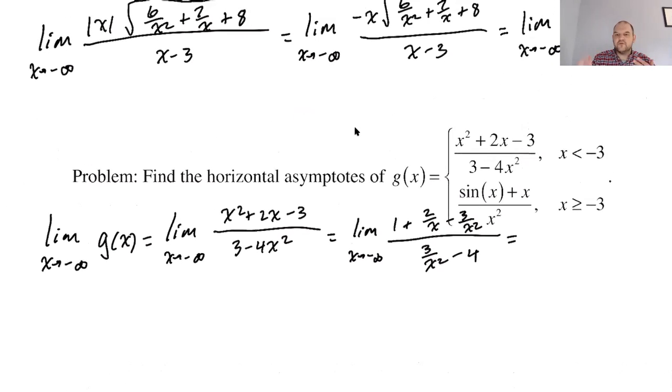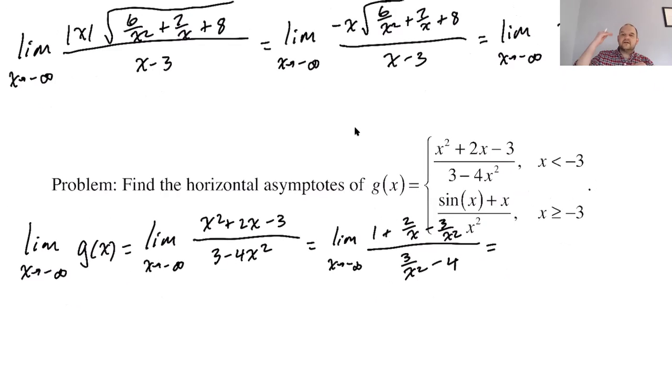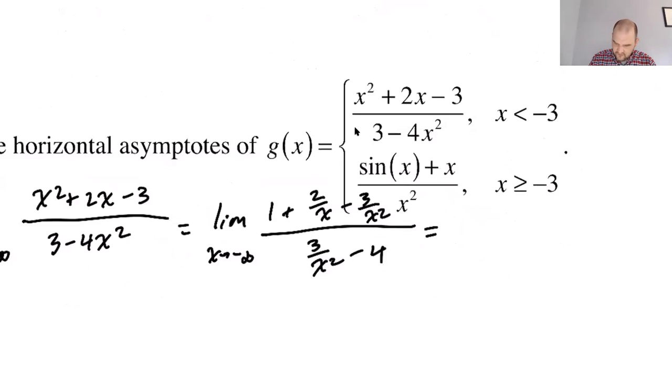Part of the reason we do that is that a constant divided by x to any positive power, so x to the 0.01 would work, x to the 3000 would work really fast, a constant divided by x to a power is going to go to 0. So this is going to give us negative 1/4.